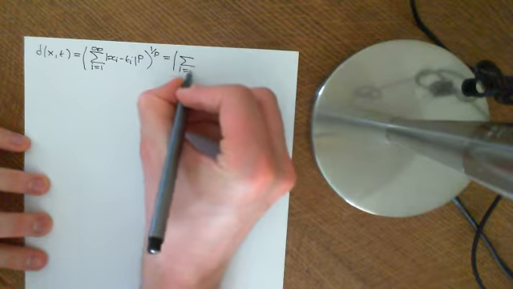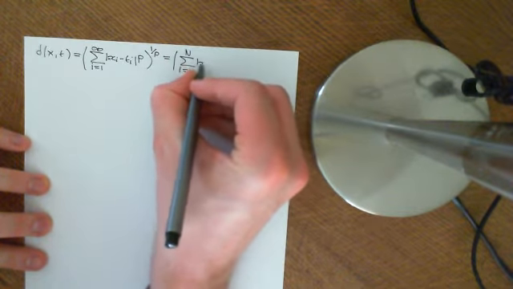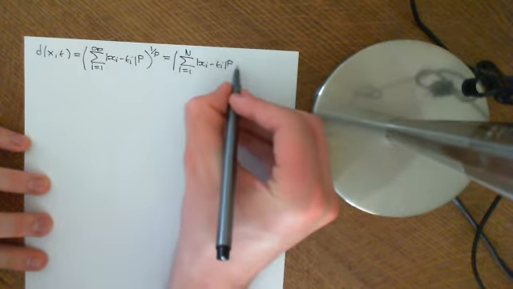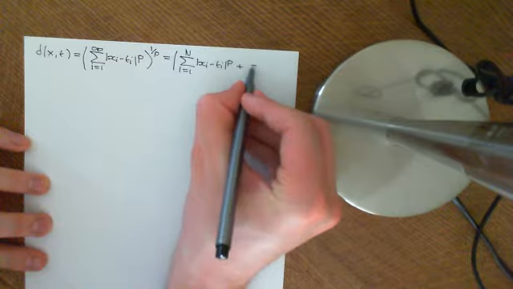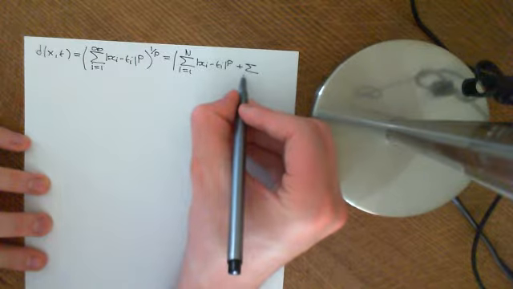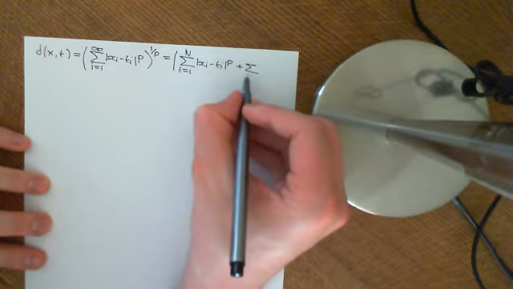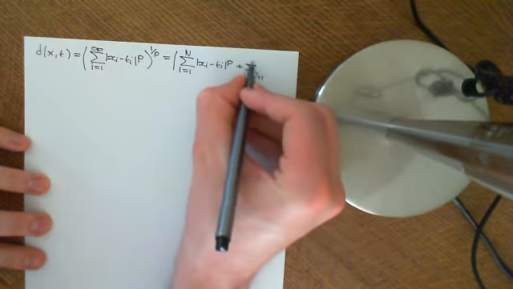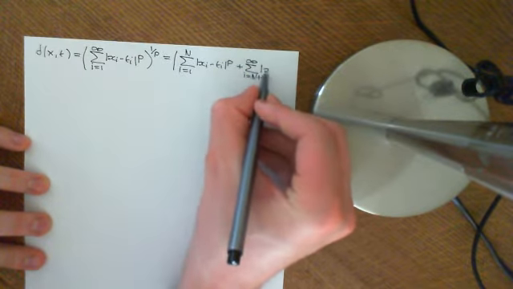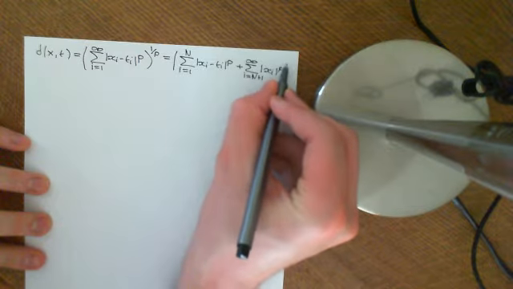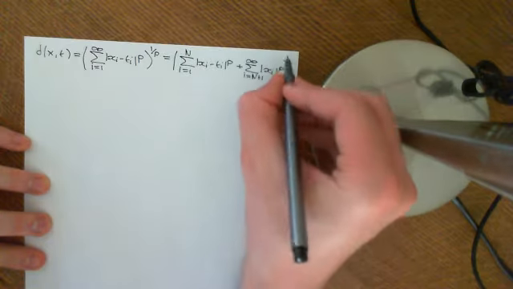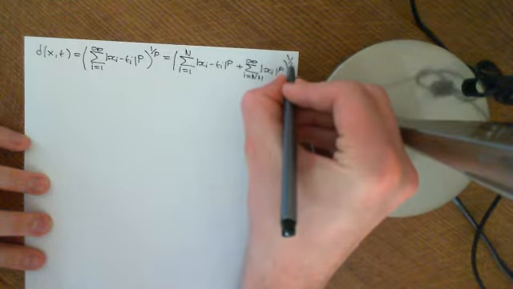The sum from i equals 1 to n of the modulus of xi minus ti to the power of p, but because the sequence t was an element of big Tn, i.e. after the nth term all of the terms were 0, then the second part just becomes the modulus of xi to the power of p, and that's because the ti's are all 0, so you could subtract 0 from all of those, but it's kind of pointless.